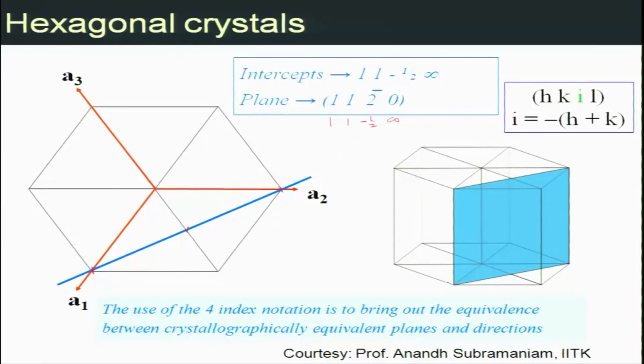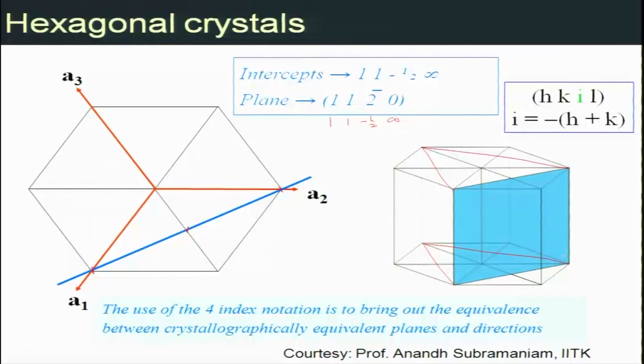So all the planes, so this is one kind of plane, this is another kind of plane, and you will have the other one, and the equivalence at the bottom. This will be another plane. Okay. So these are all identical planes, 1 1 bar 2 0, bar 2 1 1 0, 1 bar 2 1 0, and so on and so forth.